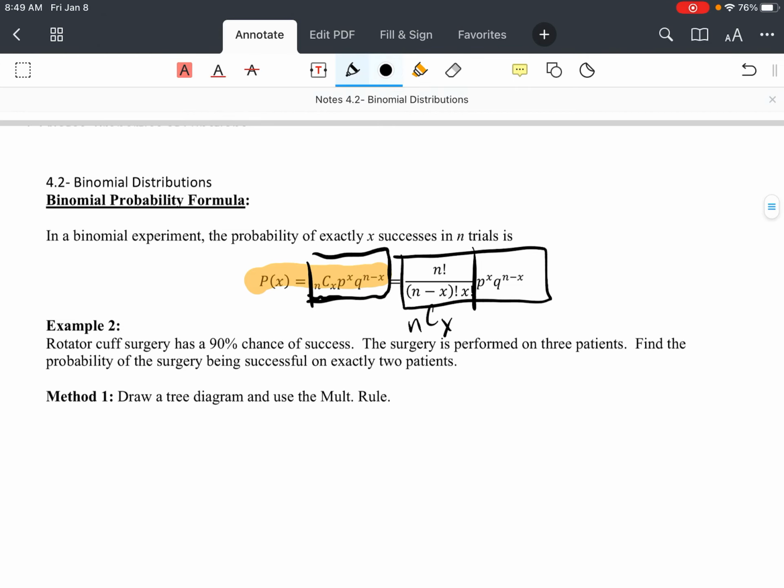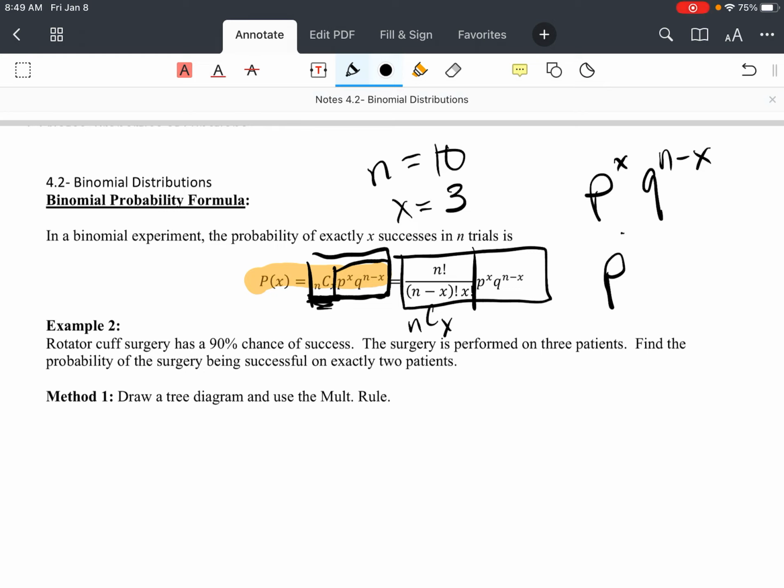Okay. All right, so actually, let's go ahead and go a little bit more into it. So sorry, this was the combination, right? So in other words, we don't care about order. We don't care about what order those successes are in. This second part, what I want you to notice, so we've got P raised to the X power times Q raised to the N minus X. So what this means, let's say that we had the 10 trials up at the top, right? And we wanted to know what the probability of getting exactly 3 successes would be, okay?